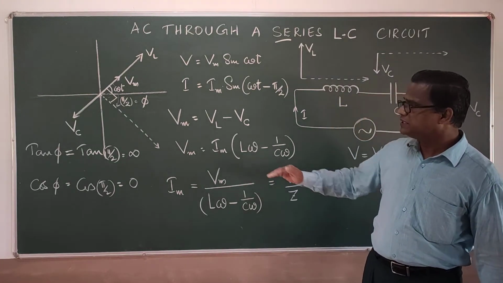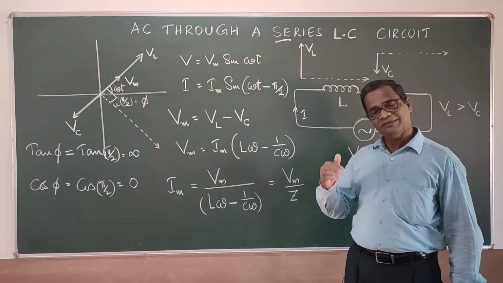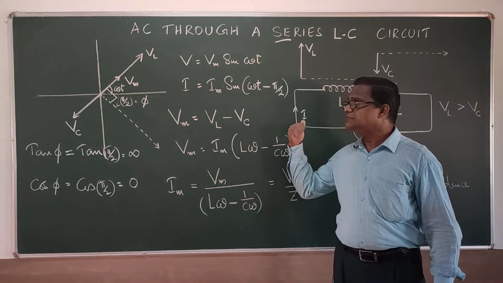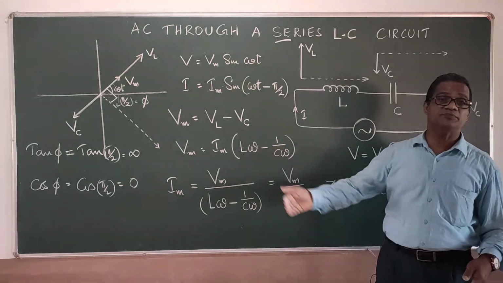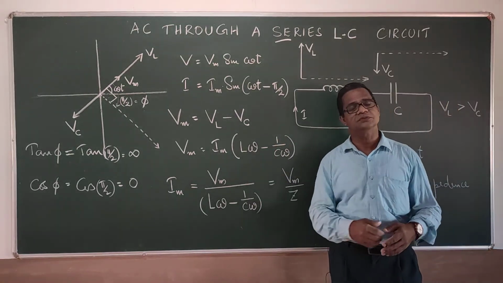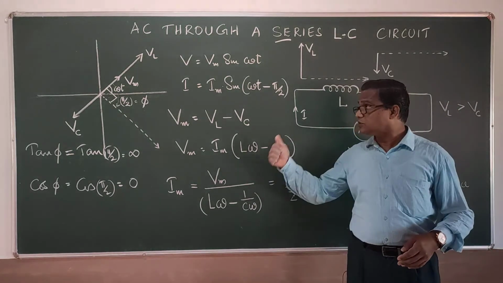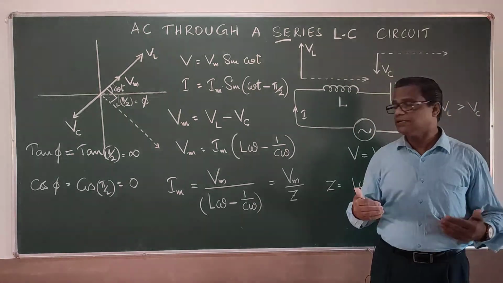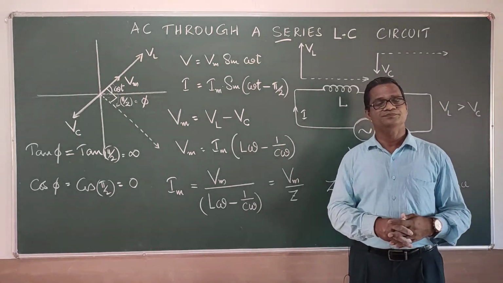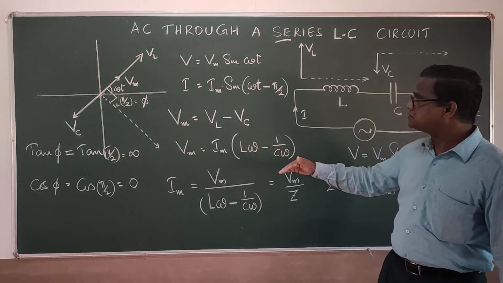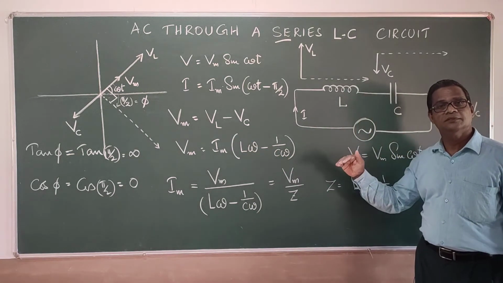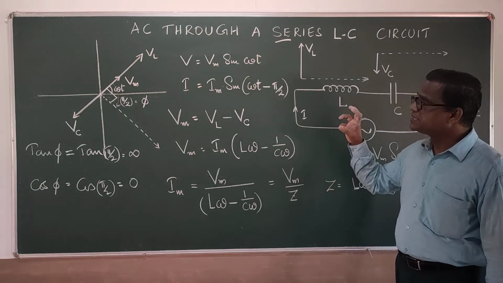The power factor being 0 implies that the power in this LC circuit is always 0, because the power factor defines the power in the circuit. If you calculate the power in this LC circuit, you get it to be equal to 0. So these are the factors coming in this LC circuit.